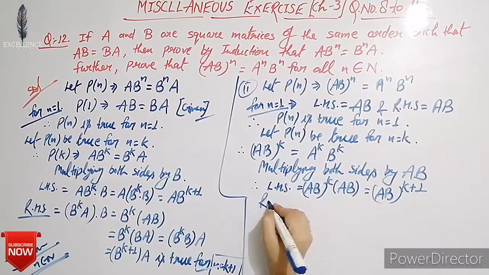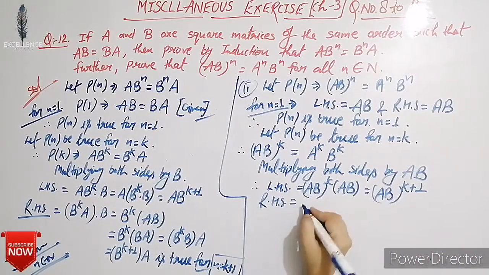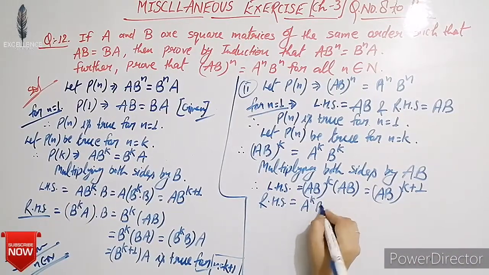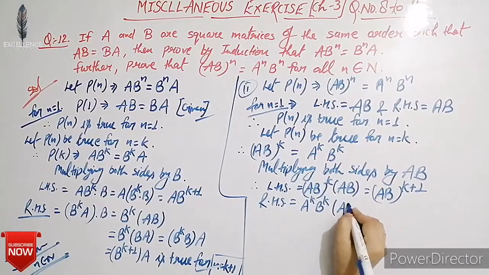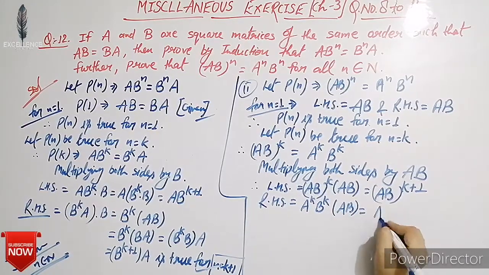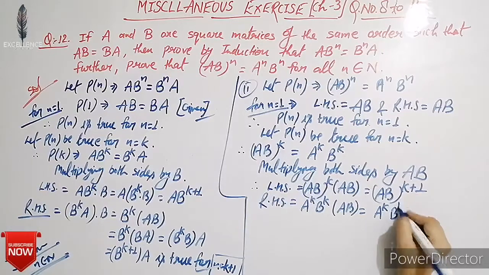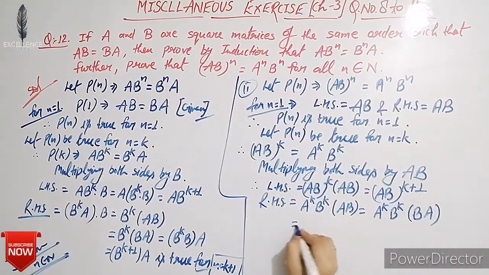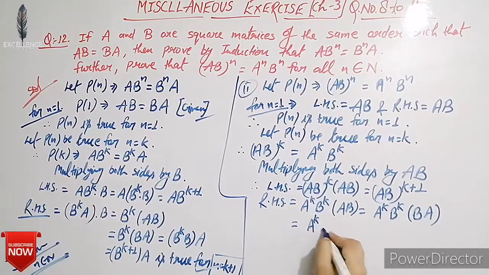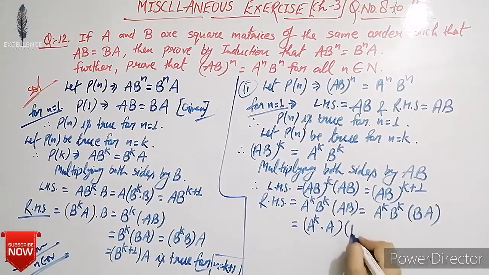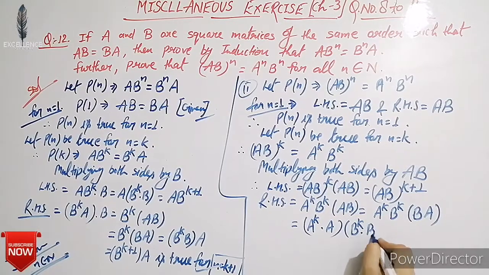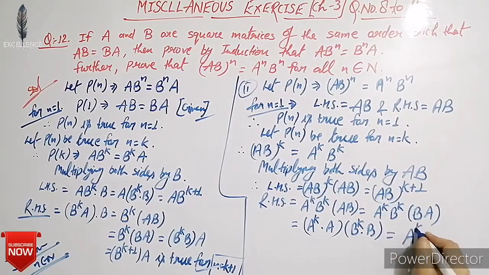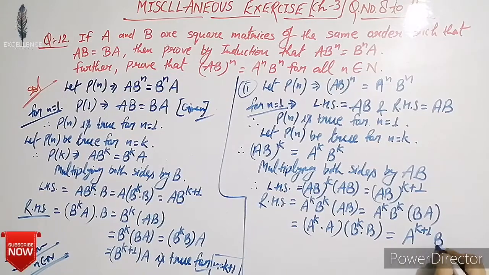And RHS equals A raised to k B raised to k into AB. That is equal to A raised to k B raised to k into BA, because it is given that AB equals BA. So it can be written as A to the k into A and B to the k into B. That is equal to A raised to k plus 1 into B raised to k plus 1.